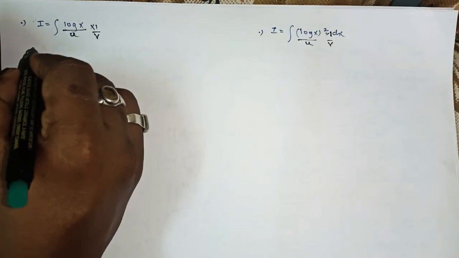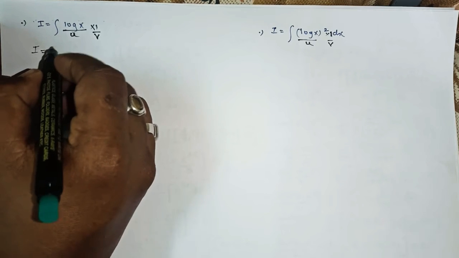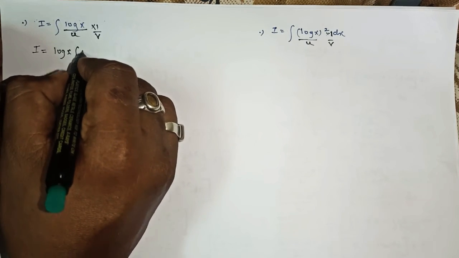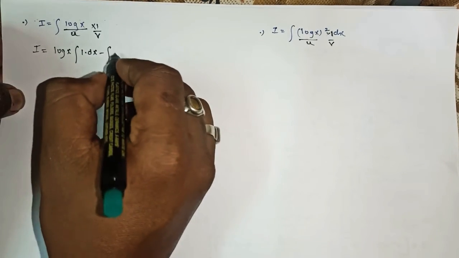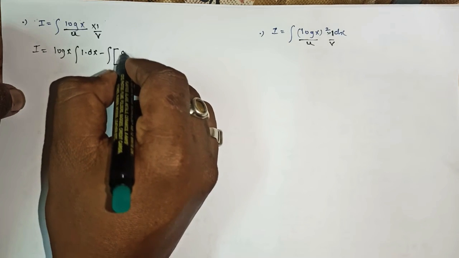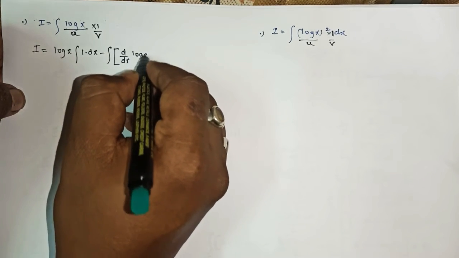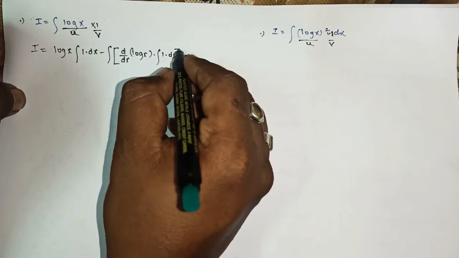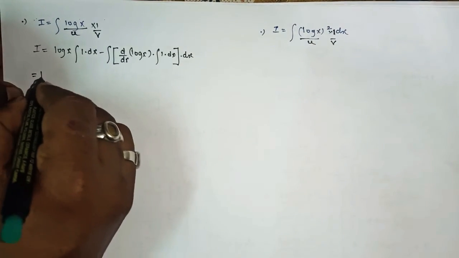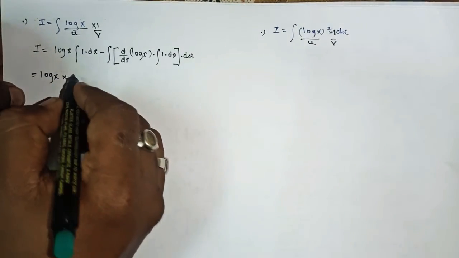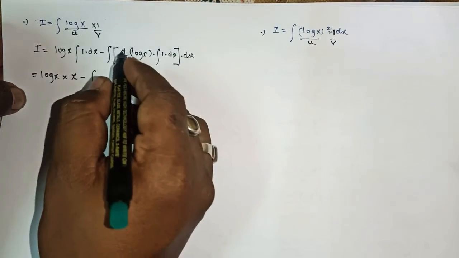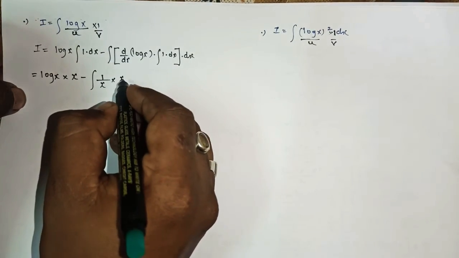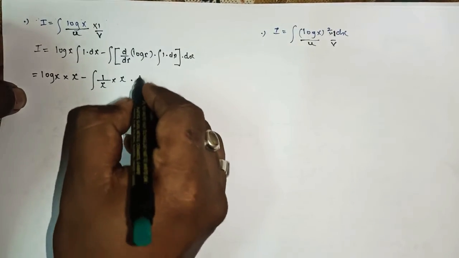So let's see now. I equals log x into integration of 1 minus integration of derivative d upon dx of log x, integration of 1 into dx. Then we'll keep this log x as it is. Integration of 1 is x, derivative of log x is 1 by x, into integration of 1 which is x, into dx.